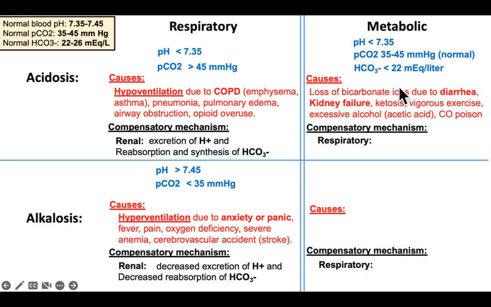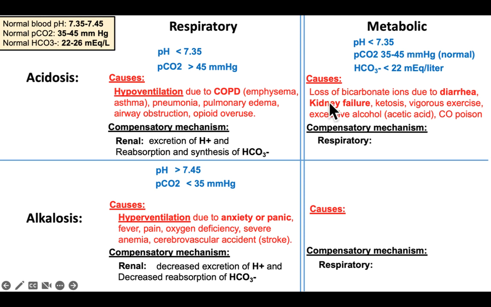We use it to buffer the small intestine, right? All that stomach acid enters the small intestine, we've got to buffer it. Well, that buffer is supposed to get reabsorbed. If you have diarrhea, you just don't have the time to reabsorb that buffer, so it goes right out of the body. So severe diarrhea causes the body to lose a lot of its buffer. And if you lose buffer, you become acidic.